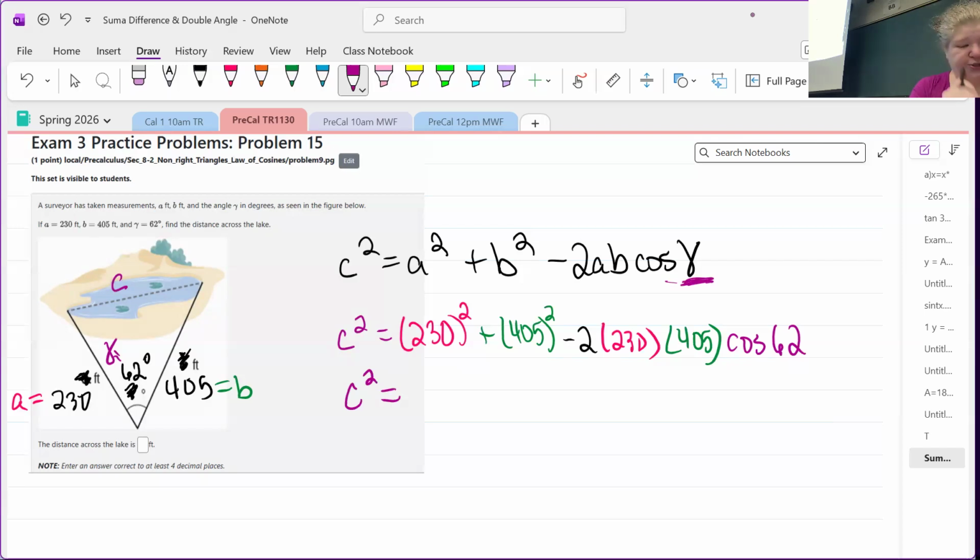So I typed 230 to the second plus 405 to the second minus 2 times 230 times 405 times the cosine of 62, and I get a big number: 129,462.44 and so on. So we know the lake is not 129,000 feet across.